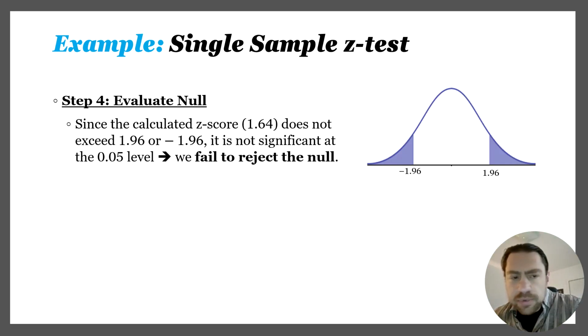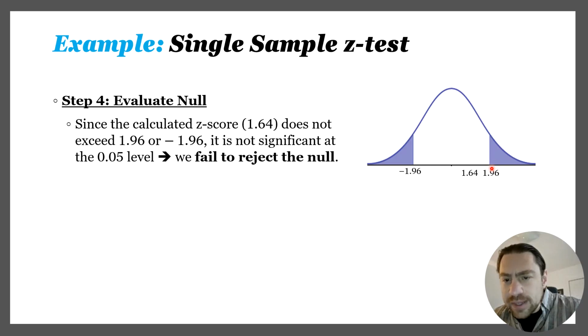Okay, so step 4 is to evaluate the null by comparing our obtained z value, the test statistic, to the critical z values. Recall our critical values were plus or minus 1.96. Our obtained z value is 1.64. So it looks like we do not make it into either of the rejection regions.